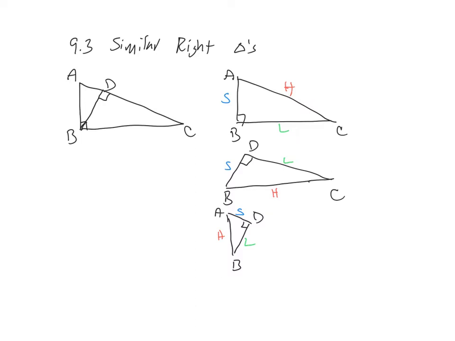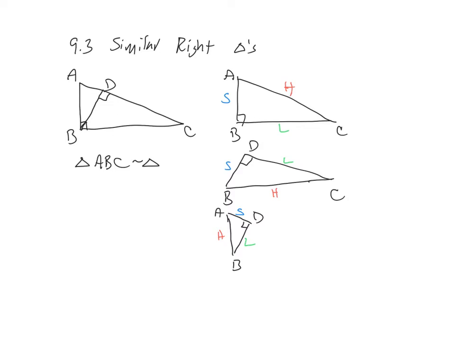So if you were going to say triangle ABC is similar to the one right below it, here's what I do. The hypotenuse has to go with the hypotenuse: the H's go together, the L's go together, the S's go together. I always look at the hypotenuse first.